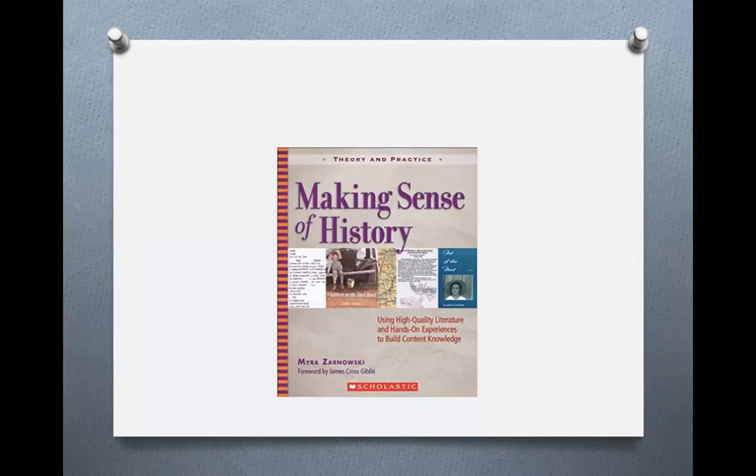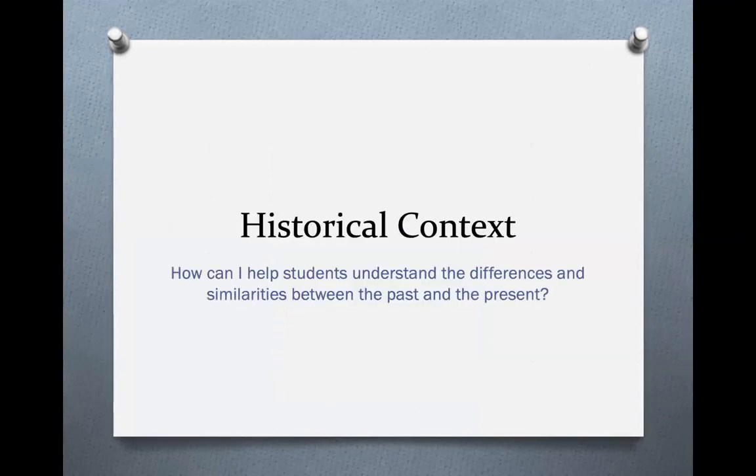So she brings out the idea of historical context. How can I help students understand the differences and similarities between the past and the present? After all, a lot of the people that you were studying lived in a very different time, okay?